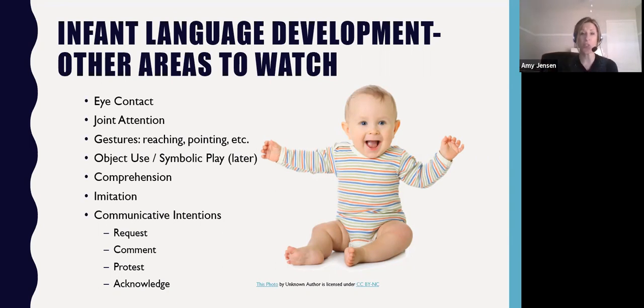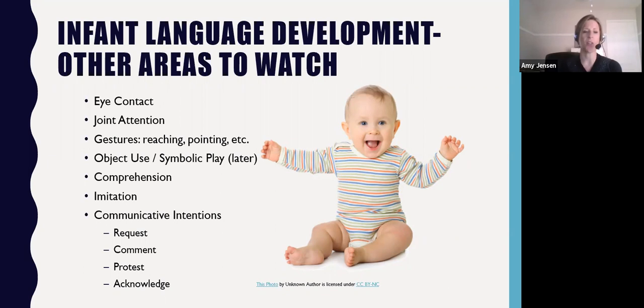Are they using reaching? A little later on, they start to use pointing. Object use, symbolic play. Symbolic play is probably more like 18 months, but are they able to pick up an item and pretend it's a brush and run it through their hair? These are all little clues to us that actually inform language development.